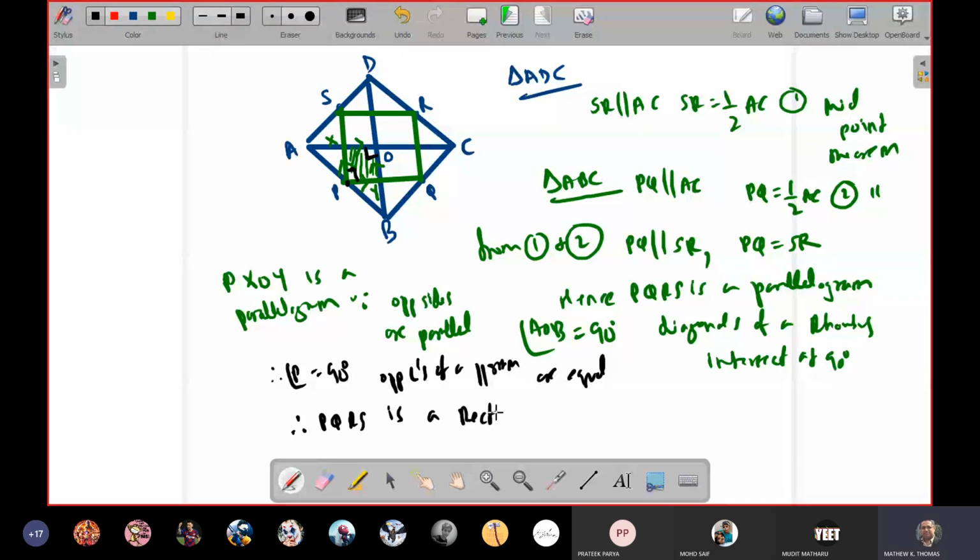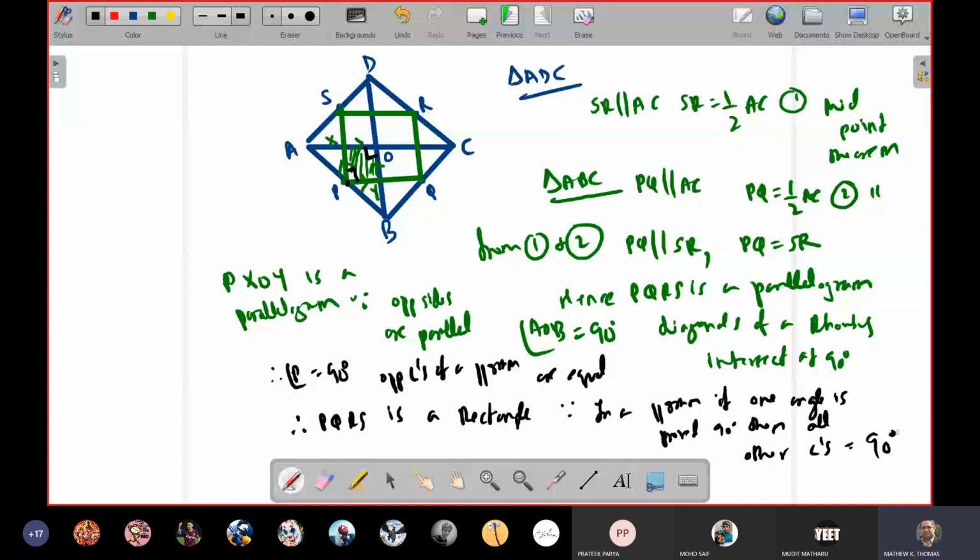Why? Because in a parallelogram, if one angle is proved 90, then all the other angles will be 90 degrees. So it is sufficient to prove that one angle is 90, automatically the other angles are 90. Already we have proved it's a parallelogram. So the figure PQRS will be a rectangle. That will be your solution to question number 2.